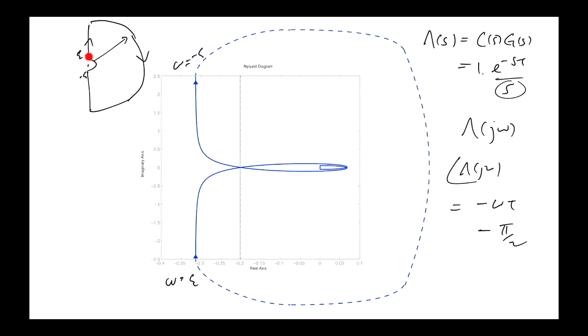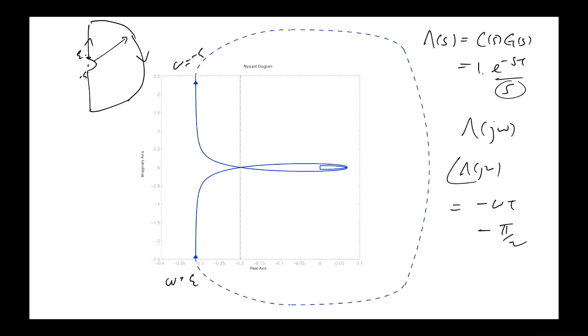As we go around here, we get half a revolution in the clockwise direction, a net change in phase of minus pi radians, which is giving us this around like this, corresponding to moving s around here, a little indentation around the pole at s equals 0.